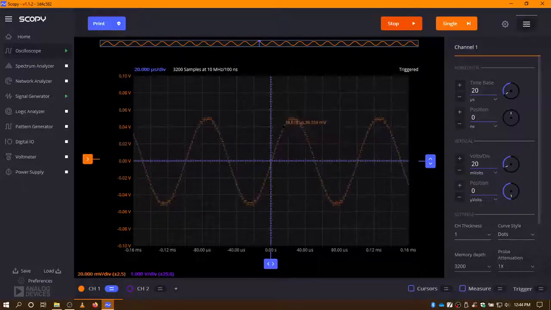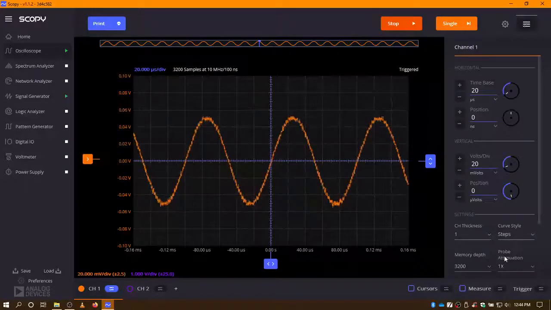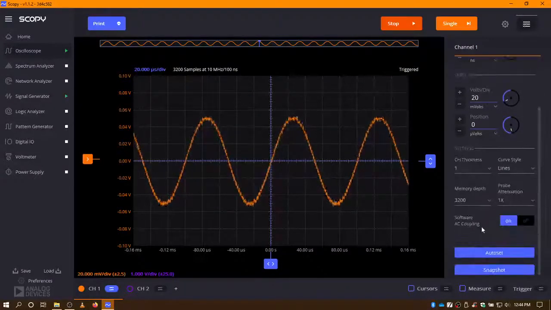You'll notice now, instead of it being a solid line, you just see the dots. Try steps. It's hard to see any real difference. Smoothing feature, it'll smooth it out slightly, but really no major difference. Back to lines. So that's what AC coupling is about.